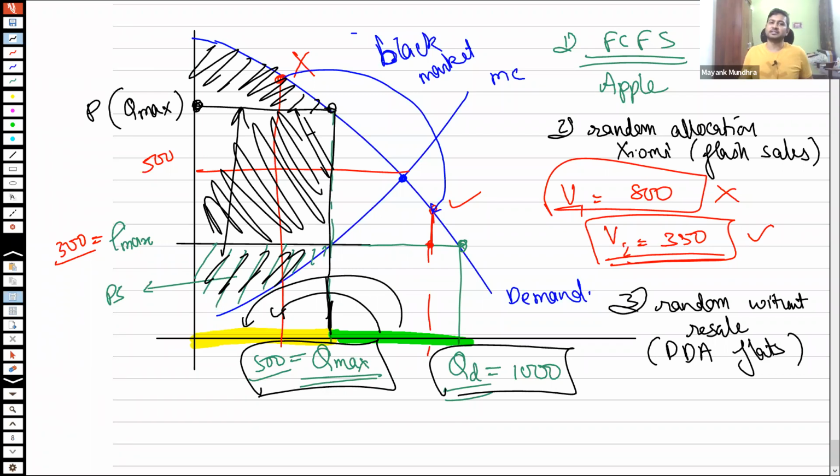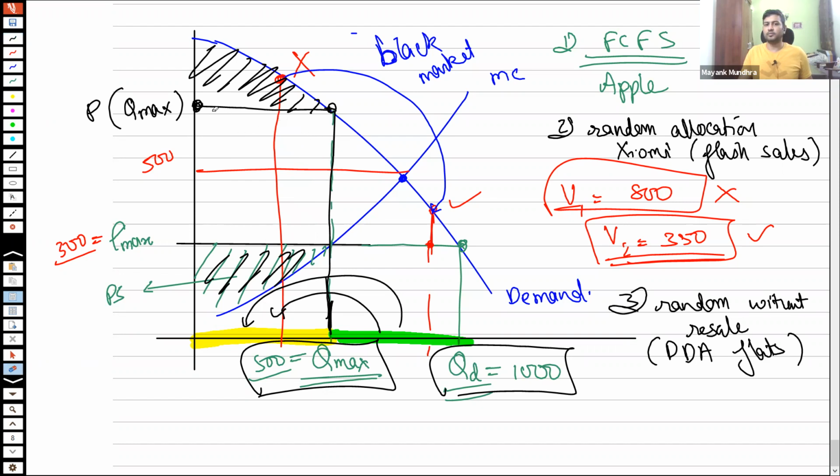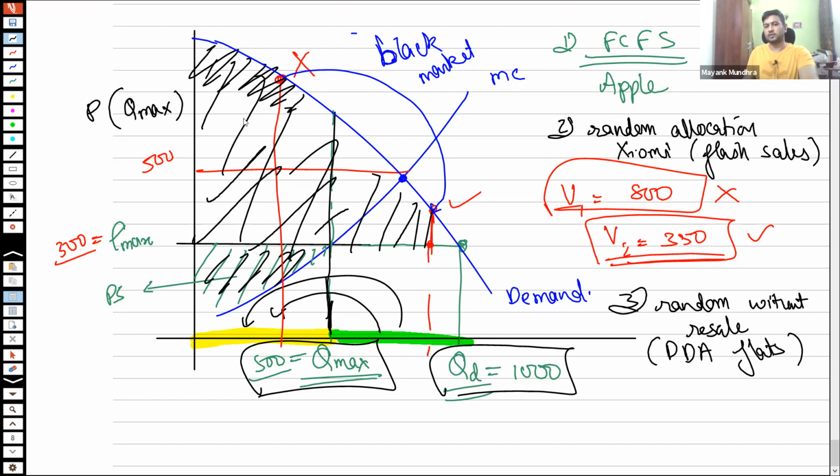So in this case, the consumer surplus will basically be a probability distribution over this region. Because different people can get it with some probability.